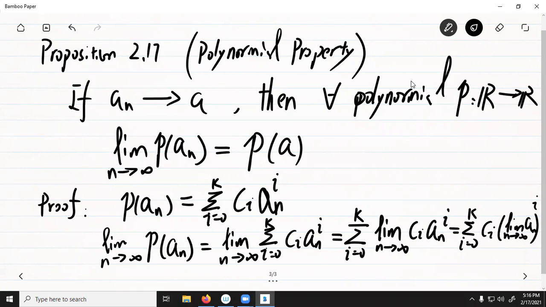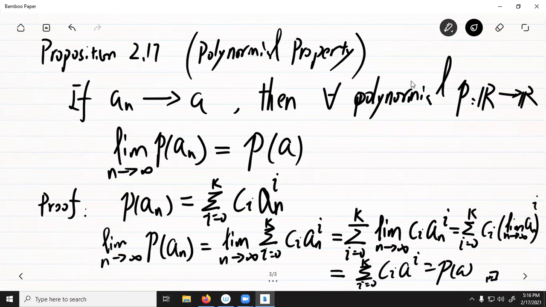So this would be equal to the summation i from 0 to k of c_i times a to the i. Then we finish the proof, which is exactly p(a). Okay, so we finished the section.